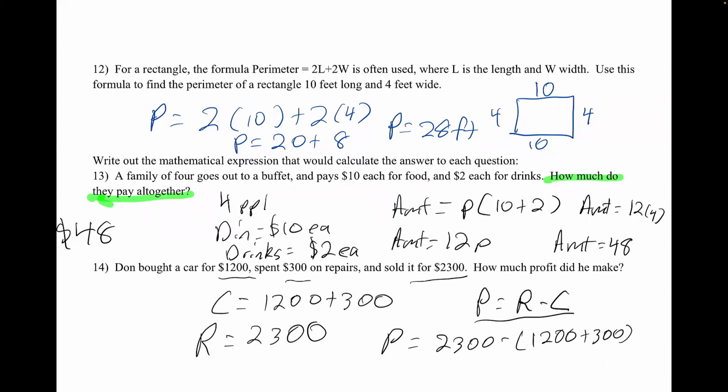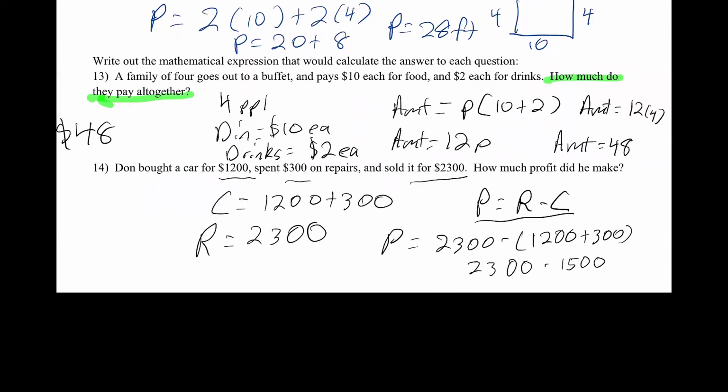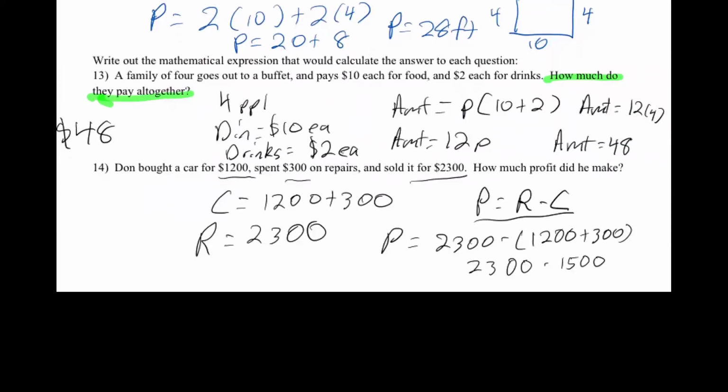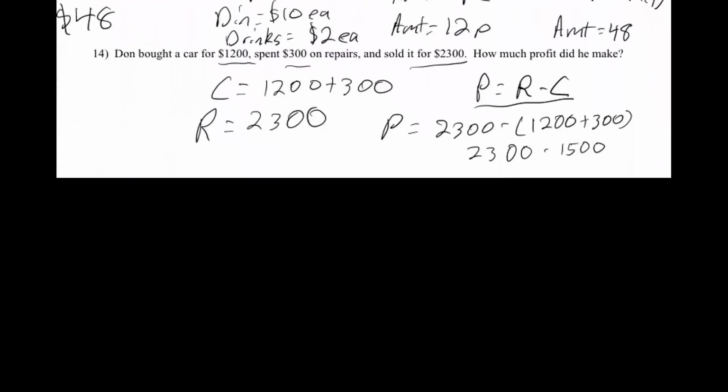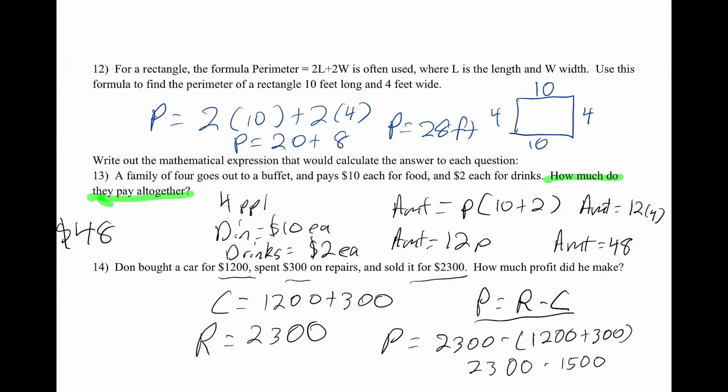And so we end up with 2,300. And so that's right. Don't do math in your head. It's dangerous. That's why we always double check it too.